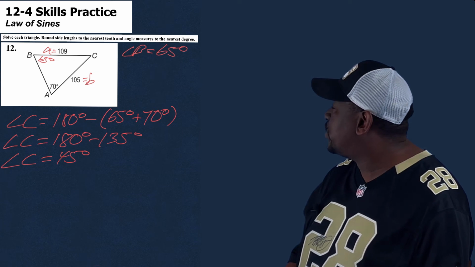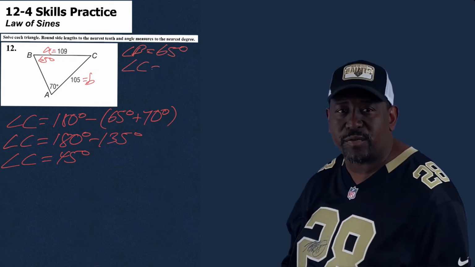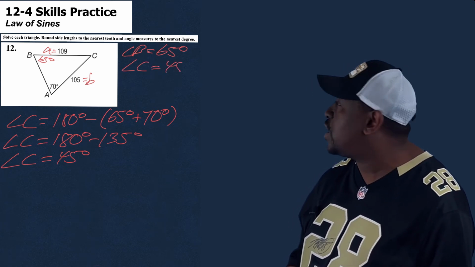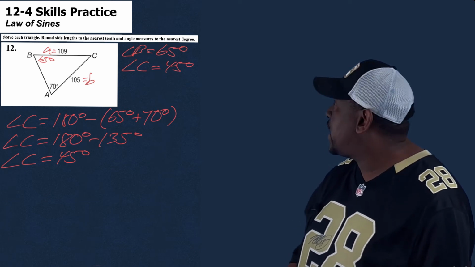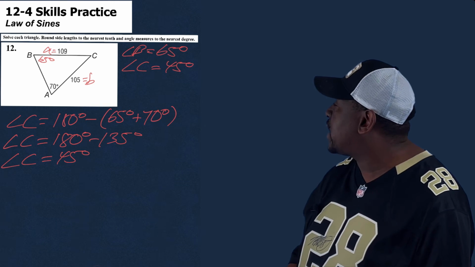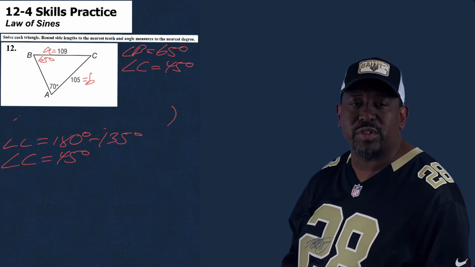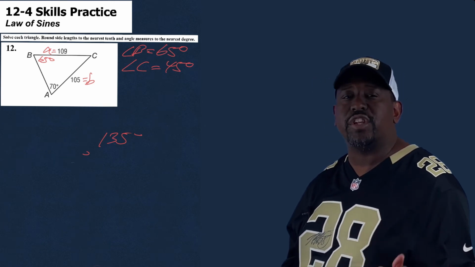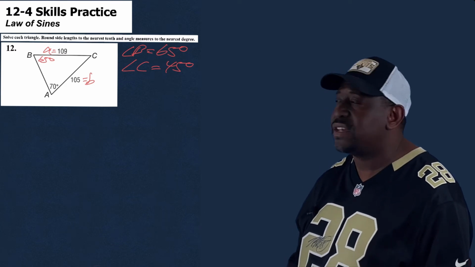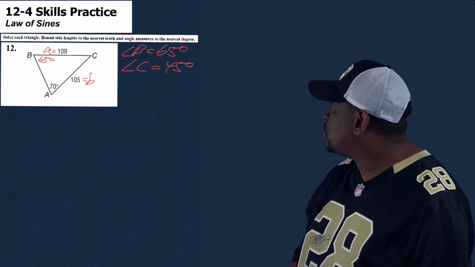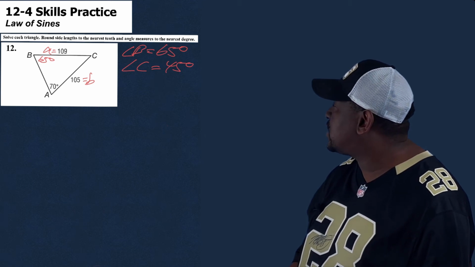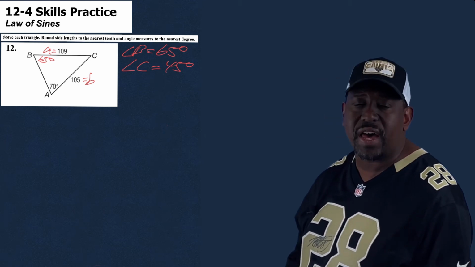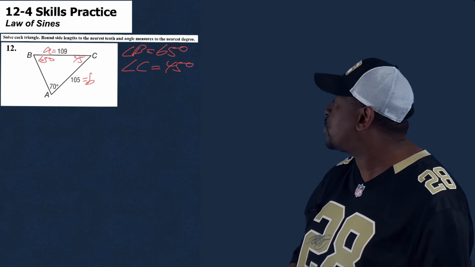So we have angle B, we write that, which we had solved for a few minutes ago. Now we write down angle C, which is 45 degrees. And now we need side C, and we'll be done with the problem. So we're going to use the law of sines to get side C. So we can either use sine B and side B, or we can use sine A and side A because both of those are given.